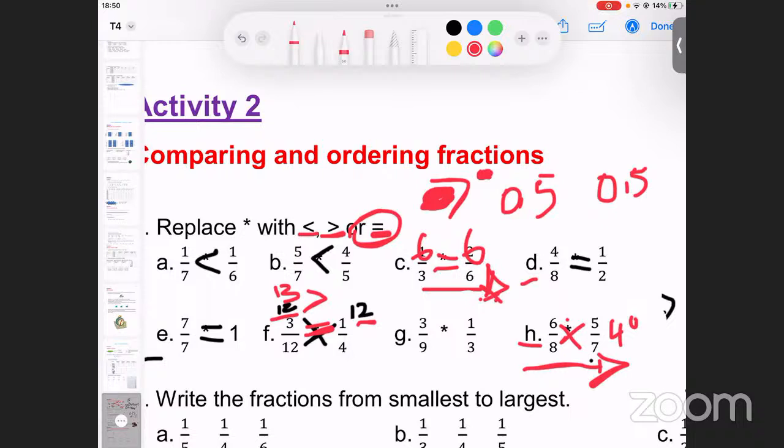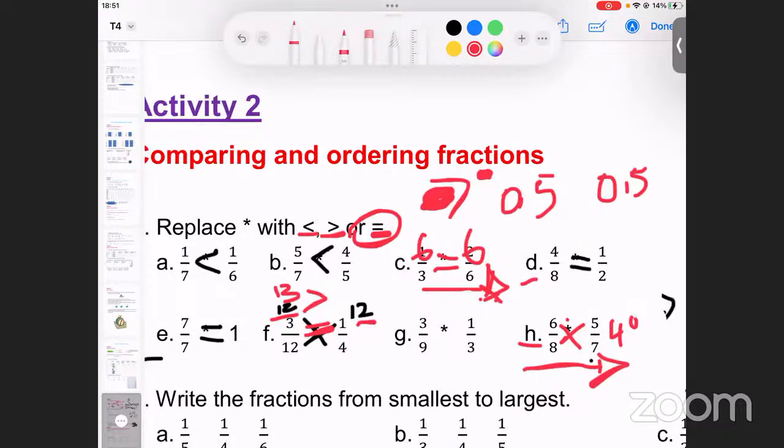I said 3 over 9 is equal to 1 over 3. Perfect. And the other Ria, our new Ria? I said that 3 over 9 is equal to 1 over 3. Okay, Manahil? I said 3 over 9 equals 1 over 3. Okay.